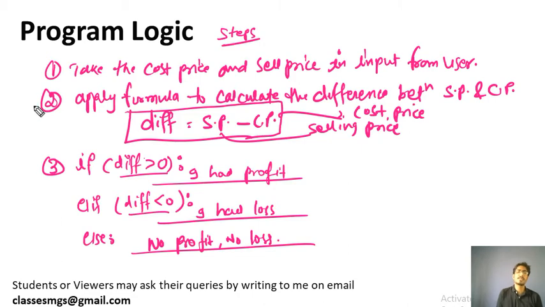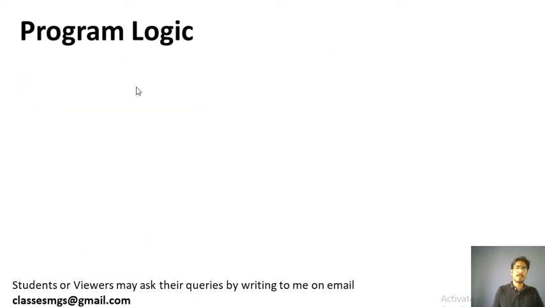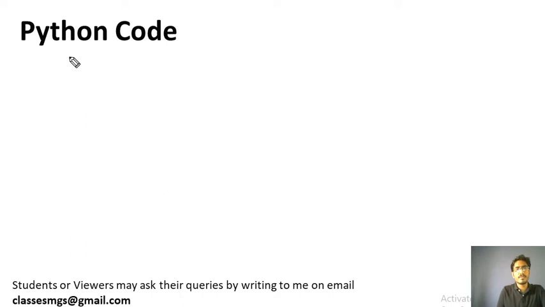Okay, so these are the simple steps to calculate whether we have earned profit or loss. Now let me try to write down the Python code. So first, we will take the input cost_price. Let's suppose I have created a variable and taken some float input.